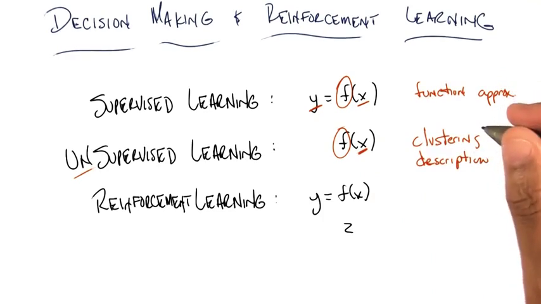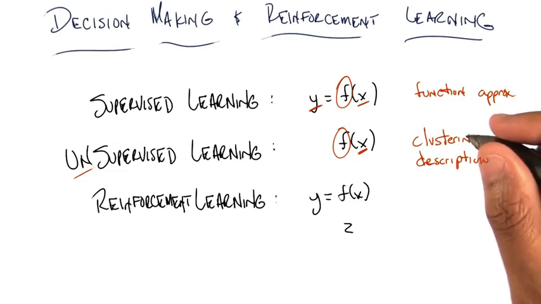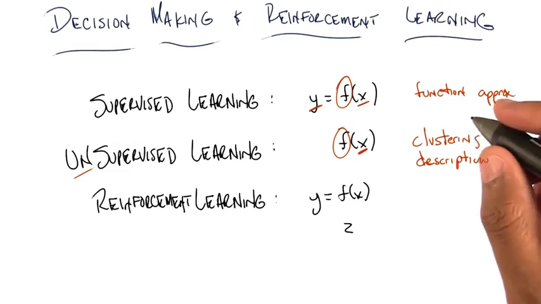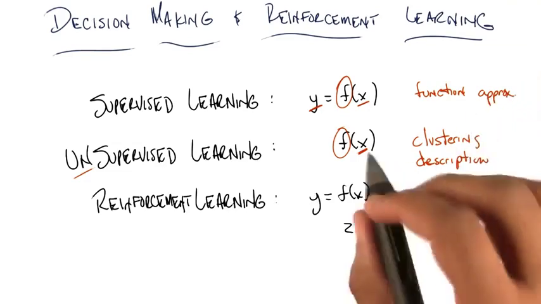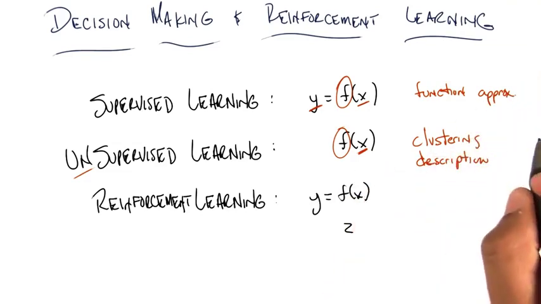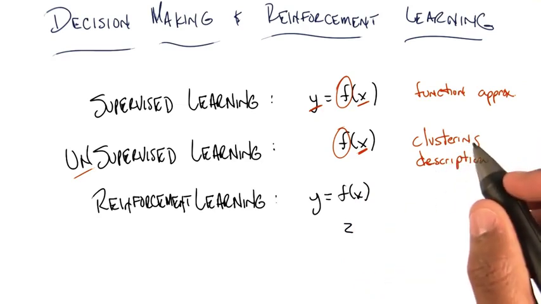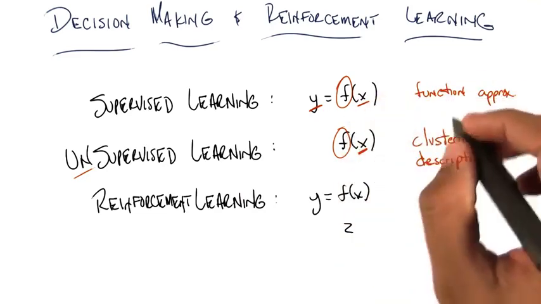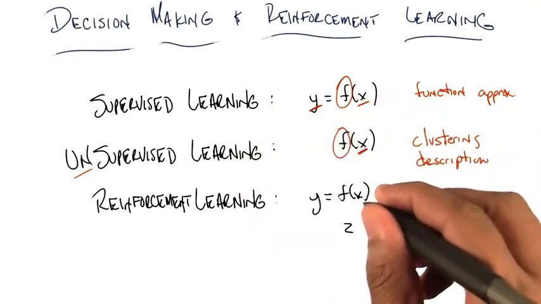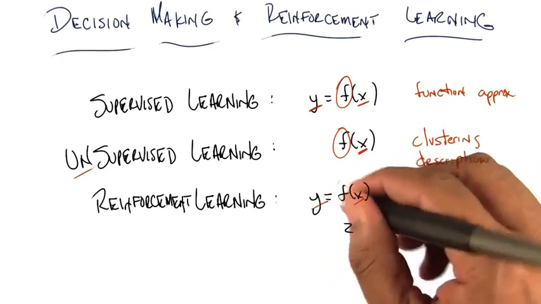And finally, we're getting to reinforcement learning. Now, reinforcement learning is actually a name that means many things in different fields, and here we tend to talk about it in a relatively specific way. Superficially, it looks a lot like supervised learning, in that we're going to be given a string of pairs of data, and we're going to try to learn some function. But in the supervised learning case, we were given a bunch of x and y pairs and asked to learn f.